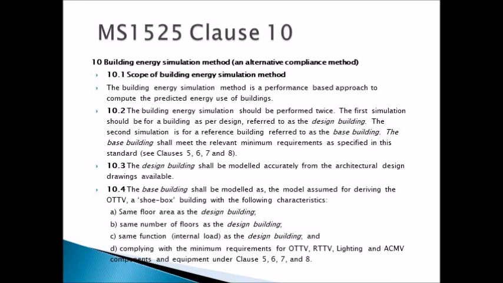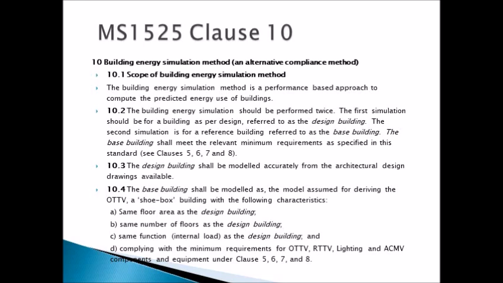It is performance based. That means it does not care what specifications of building components or building system components you use, as long as the eventual annual energy use is the same. So you might want to explore your building using different methods of achieving energy efficiency. To do this, you must prove this by doing a simulation.